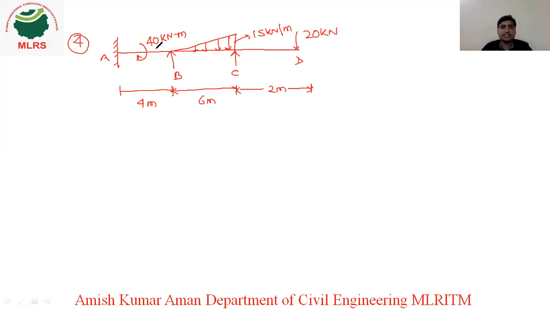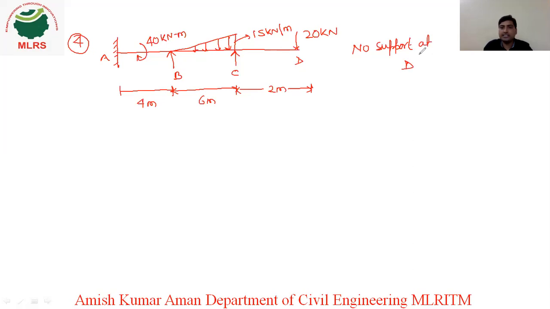The differences are this moment in AB span, that is 40 kilonewton meter, a UVL loading on BC, as well as at D, there is no support. There are only A support, B support, and C support.